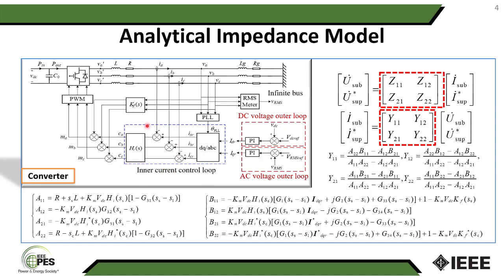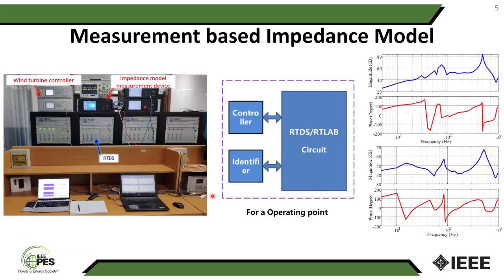If we know the control structure and parameters, it is easy to get the 2x2 impedance or admittance matrix, because we can just plug in the values and parameters according to the structure to get the impedance model. However, this is not the case for a practical system.